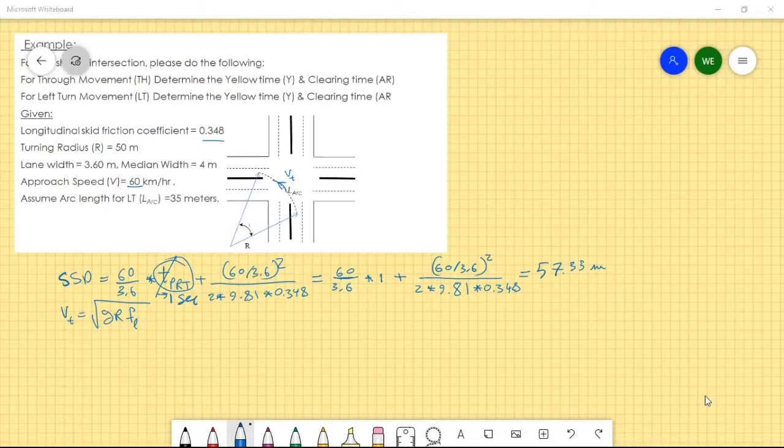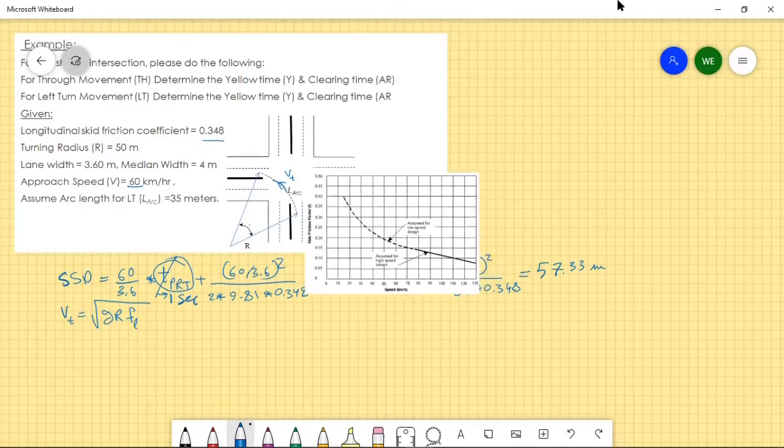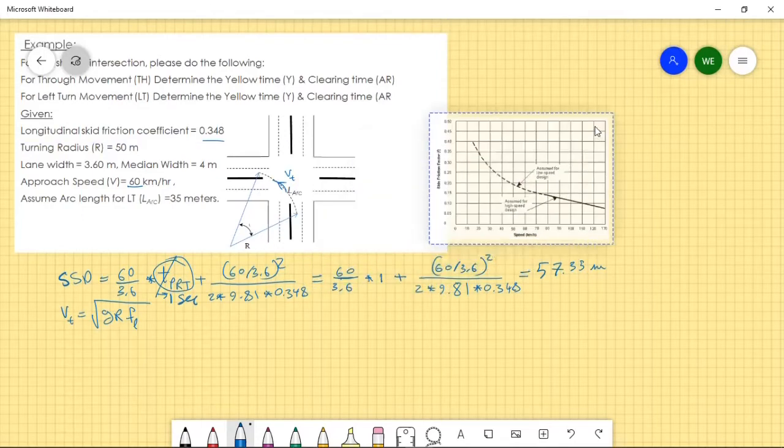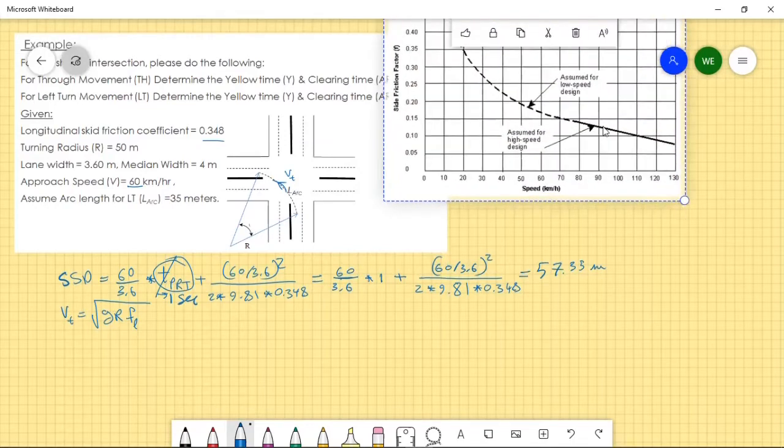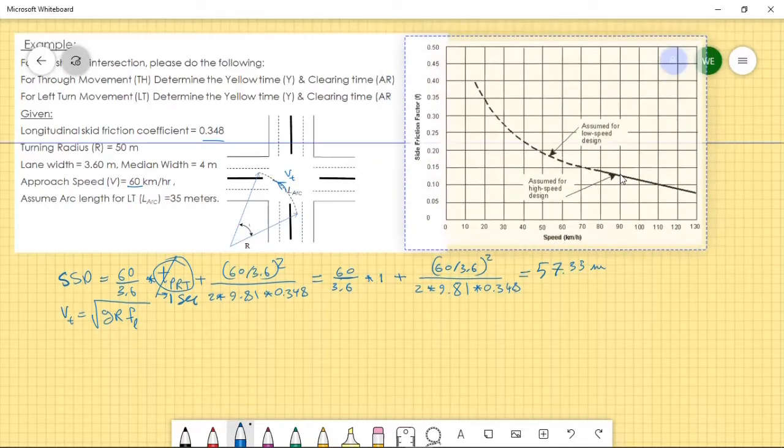Here we don't know what the value is for that friction, but we have this curve. If you remember, let me just copy this to you. You remember this curve? That's for the side friction. Okay, so where shall we start here?